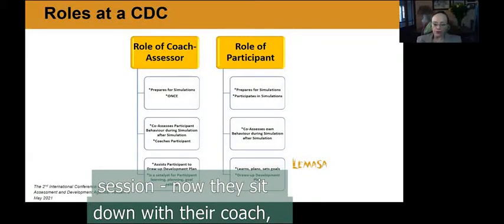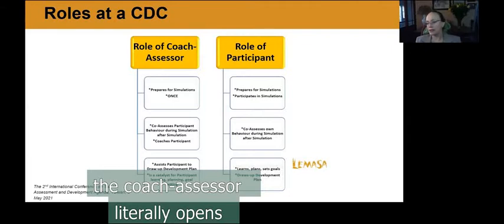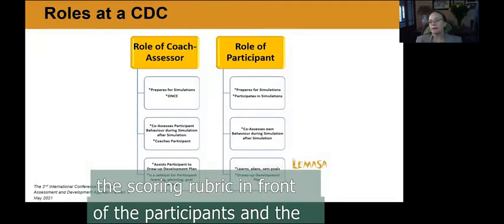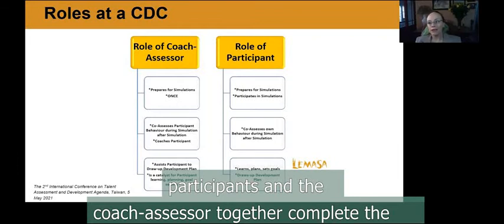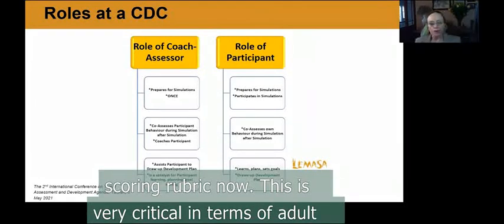Now, the moment they go and sit down with their own coach assessor, the coach assessor literally opens the scoring rubric in front of the participant, and the participant and the coach assessor together complete the scoring rubric.